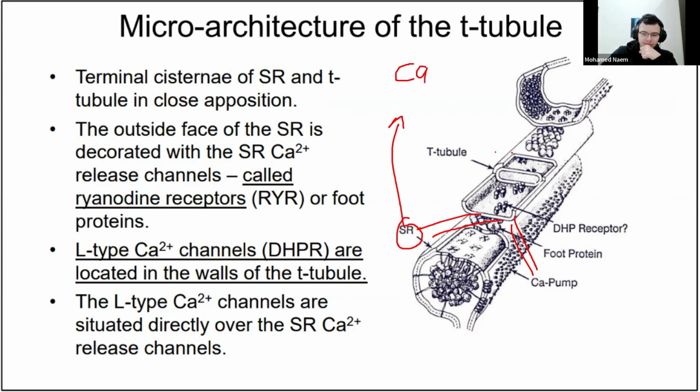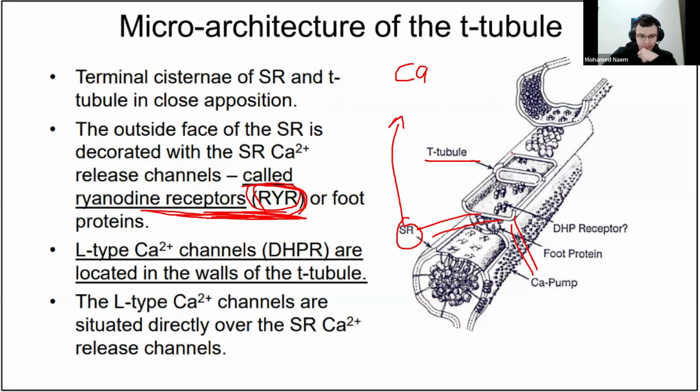So the calcium that we just got from outside the cell, from the T-tubule, goes and binds to the SR. Where does it bind? It binds at the ryanodine receptor. You see the ryanodine receptor? This one. I think the name is familiar to you from MSK, but you definitely need to know this one. It's crucial.